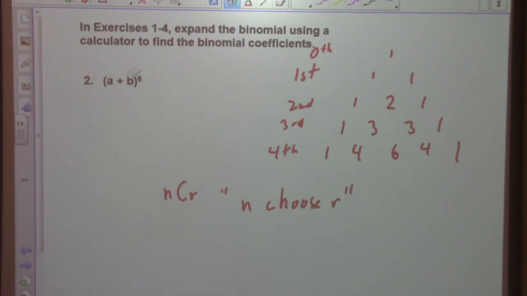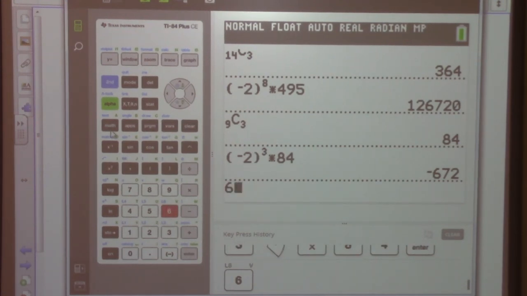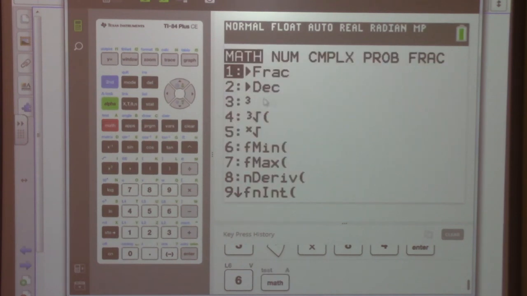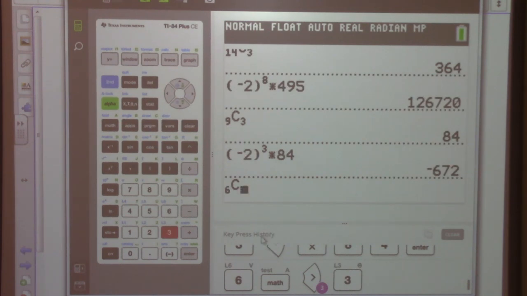What we're going to do for this one here is, in your calculator, you put N first, which is 6. And then you go to C, and the choose is you go to problem, and then 3, and then we want to have the expansion 0 through 6.